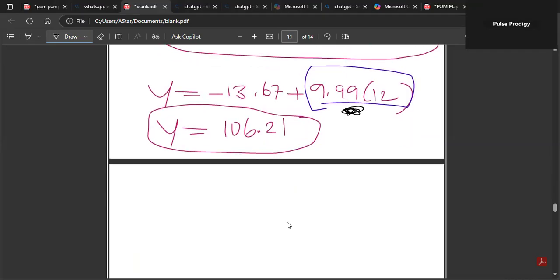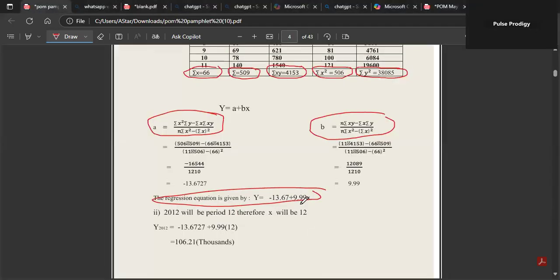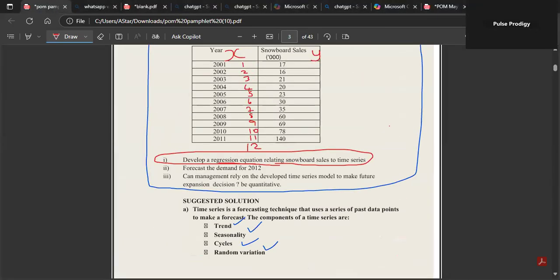Now they want us to find the R, the correlation coefficient. They are simply asking, can management rely on the time series model to make future expansion decisions quantitatively?